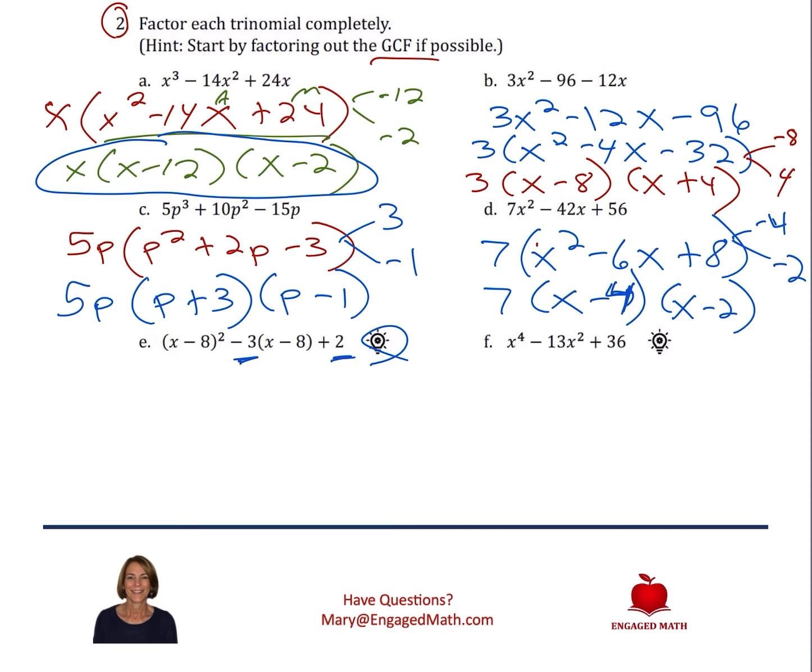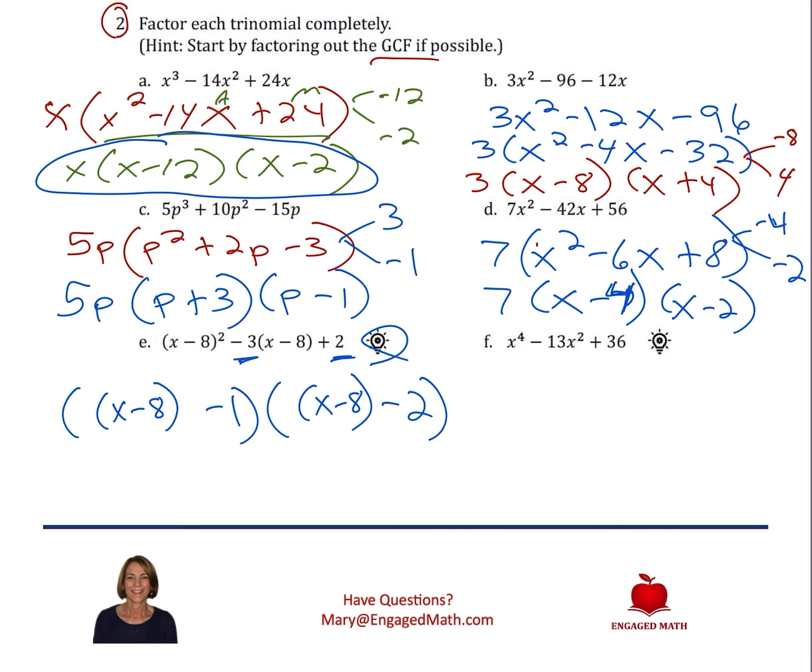The two numbers that add to negative 3 and multiply to positive 2 are negative 1 and negative 2. So I'm going to put the negative 1 and the negative 2 in the parentheses. And then instead of putting an x in each position, I'm going to put x minus 8. Technically, I don't even need the parentheses around the x minus 8, but I'm doing it just to help you visualize this.